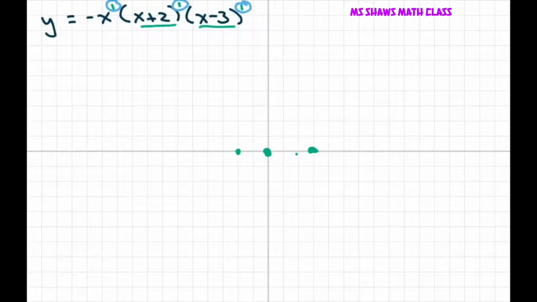And we're not going to worry about our min and max on this. We're just sketching a graph. So say I have to start in quadrant 2. Now I'm not going to worry about how far to go down here. I'm just going to do that and come back up. I can cross because it's degree 1 at 0. Then I'm going to have to come back down somewhere.